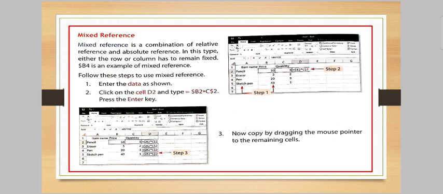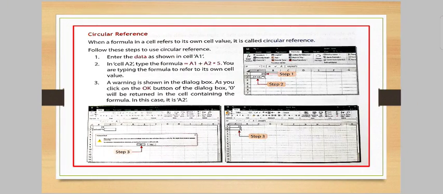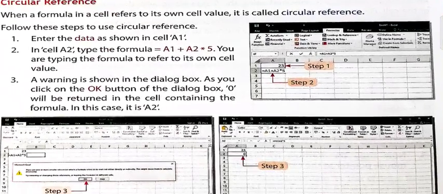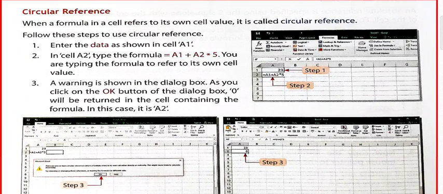Next is circular reference. When a formula in a cell refers to its own cell value, it is called a circular reference. Enter the data as shown in picture 1. A1 has the value 23.